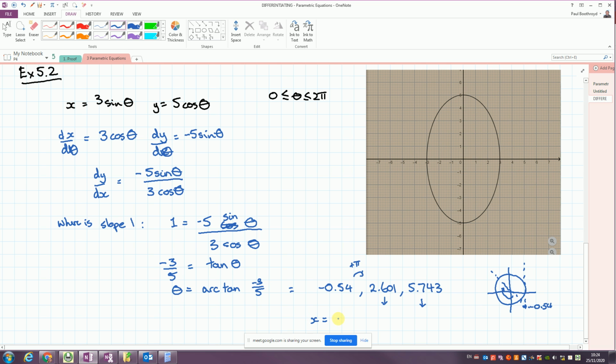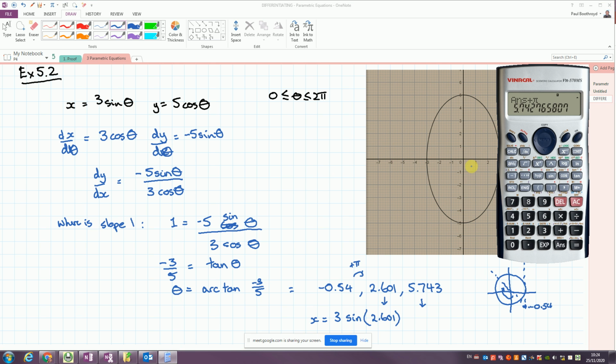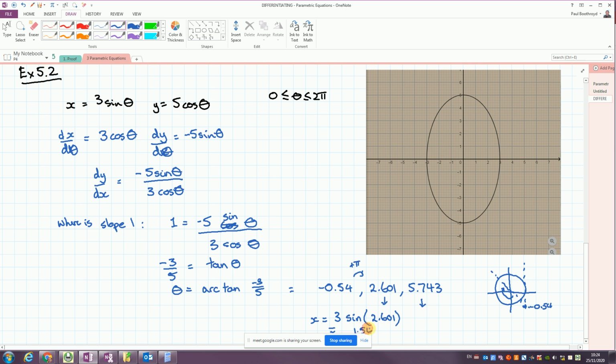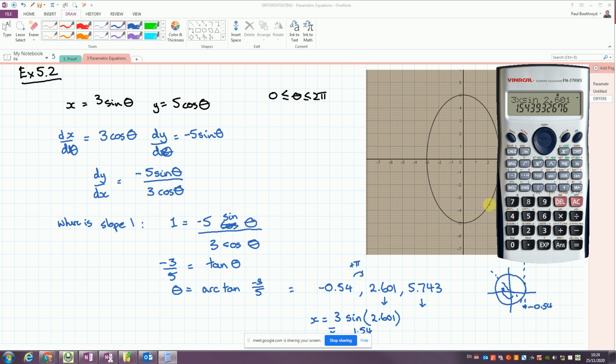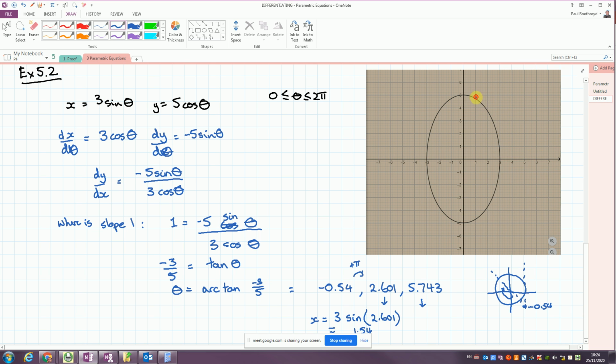Find the value of x. So x equals 3 times the sine of my angle, 2.601. 3 times the sine of 2.601, and that's the number 1.54. I haven't done the y values yet, that's why.